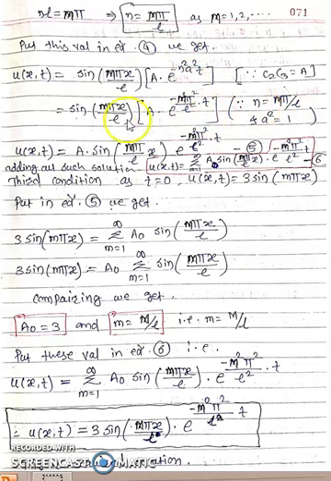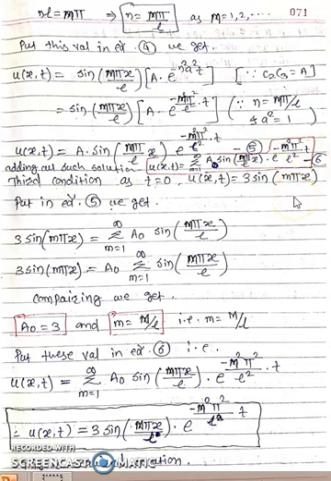Therefore we get u(x,t) equals a sin(mπx/L) into e raised to minus m² π² t by L². That is nothing but equation number 6.